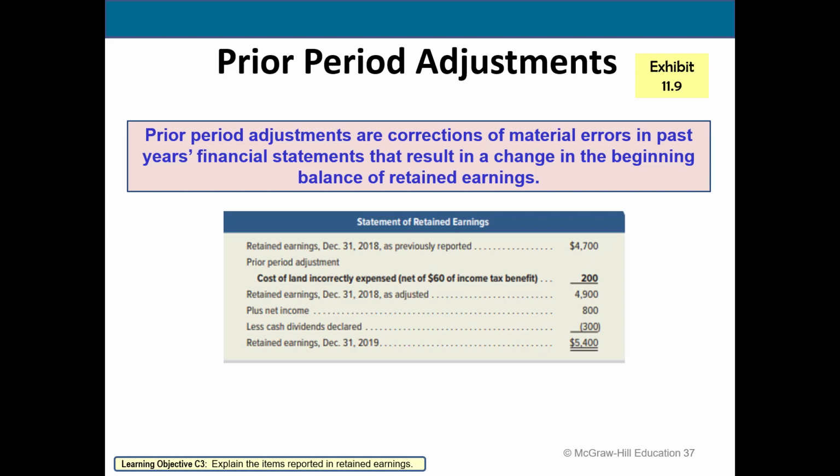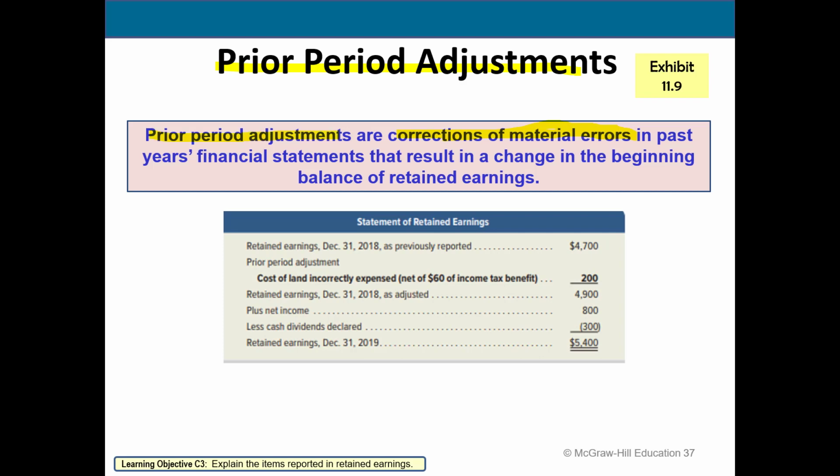Then we also have something called prior period adjustments, which are corrections of errors from past financial statements. So it could be a mathematical error or some improper accounting or that we missed something. So in that case, we will have to go back and make a prior period adjustment.